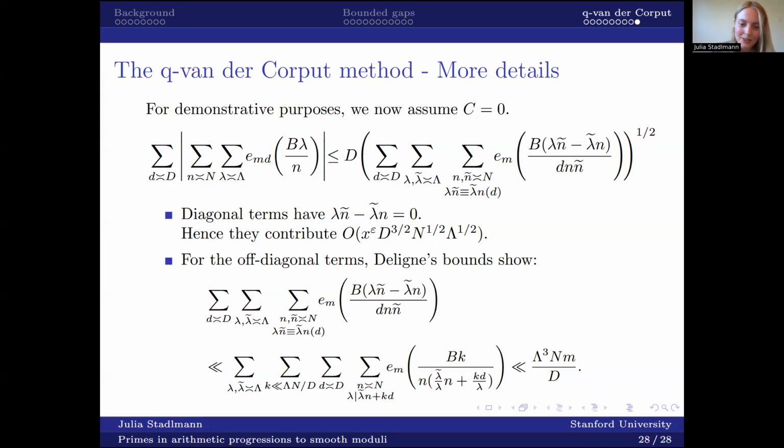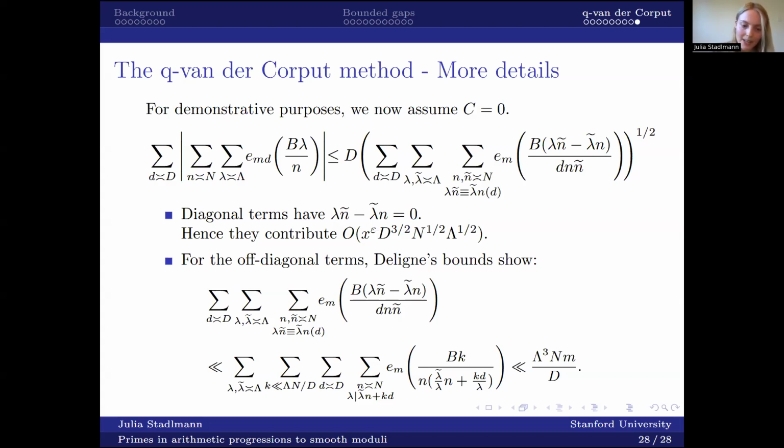And then we still need to deal with the off-diagonal terms somehow. And for the off-diagonal terms, we use a similar argument to before. So before we started off with the condition n tilde is congruent to n mod d. And what we did is we wrote n tilde as n plus k times d.